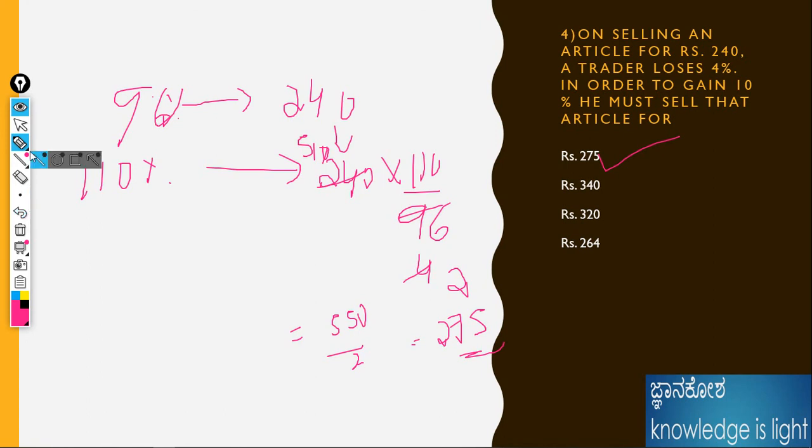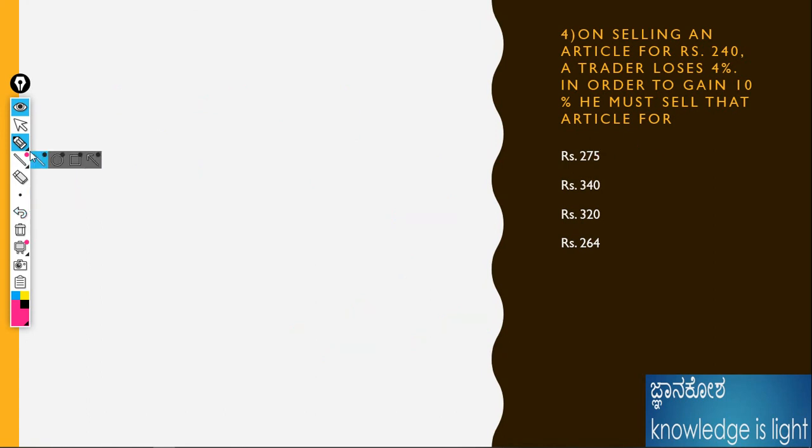I forgot, sorry. This is the shortcut. Here the selling price SP is the given 240, with a loss of 4%. Then what is the cost price?